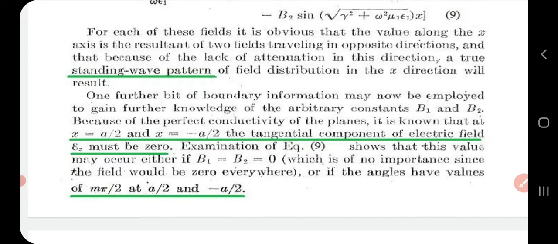Now in order to determine the values of the arbitrary constants b1 and b2, we have to consider that the planes we are considering are perfect conductors.